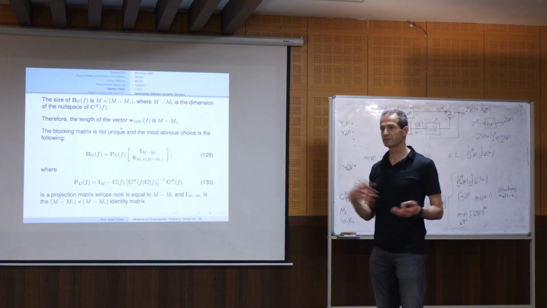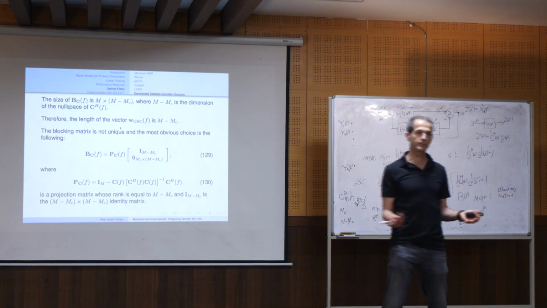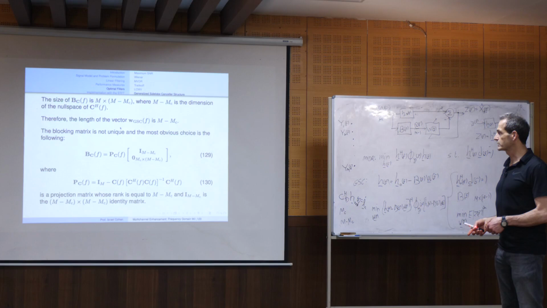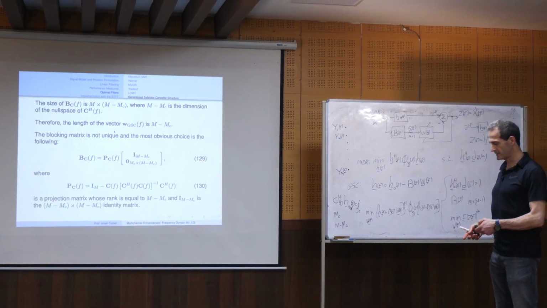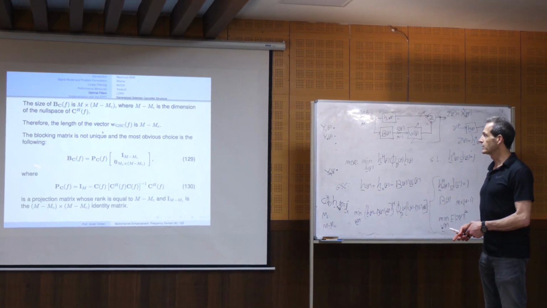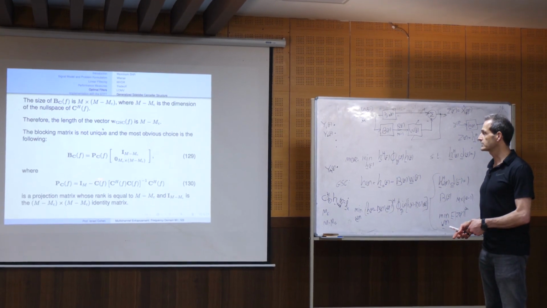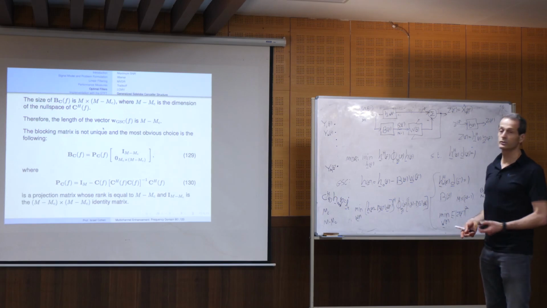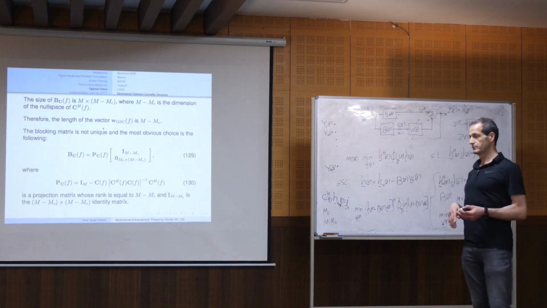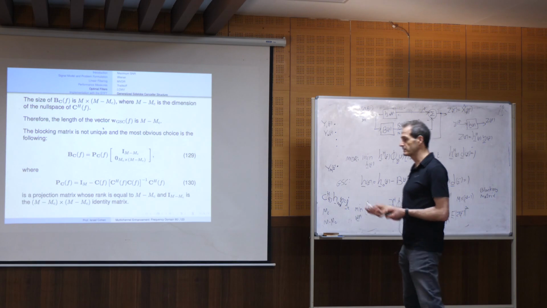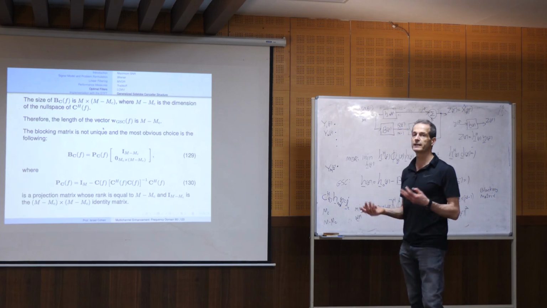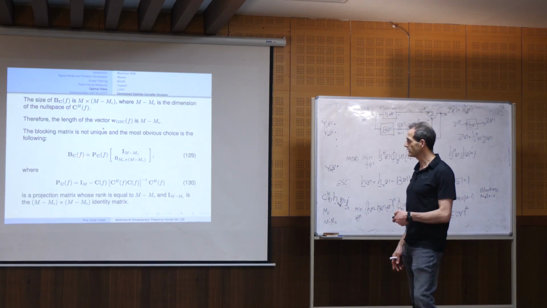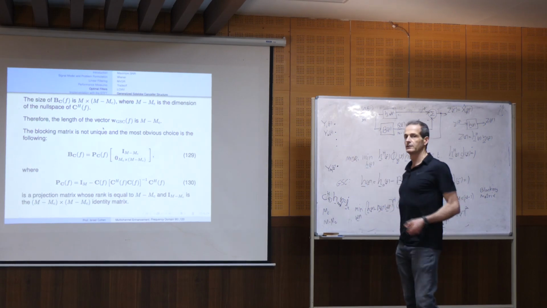So you can find basis functions that span your space of signals. Also, you can find different blocking matrices that span the null subspace of the matrix C. This is just one solution, but it's not the only one. There are some works that compare different solutions and try to find for different applications how to choose this blocking matrix. But here, I want to give you just one of the solutions.